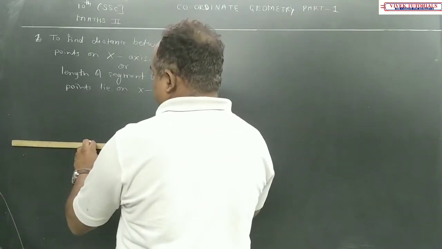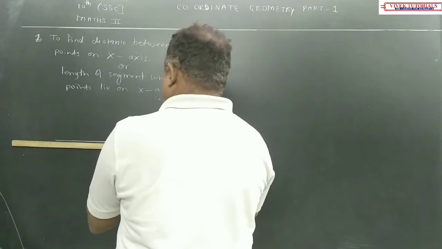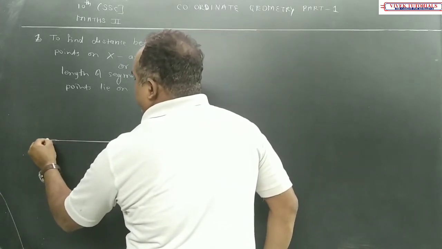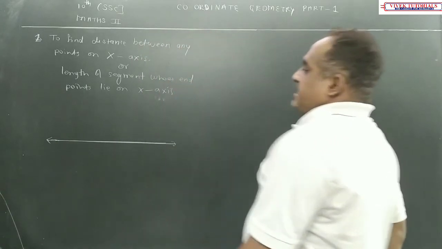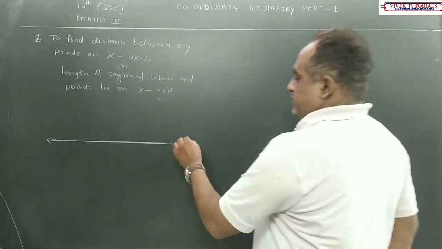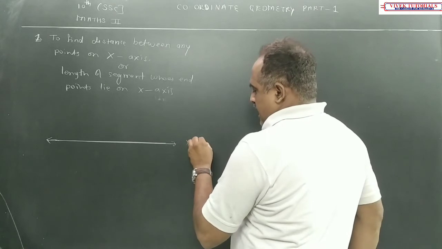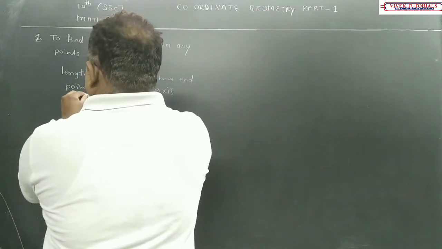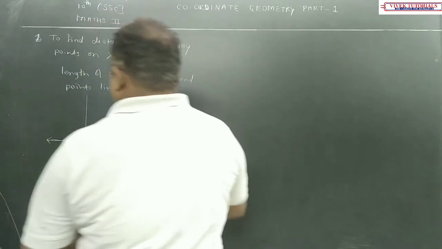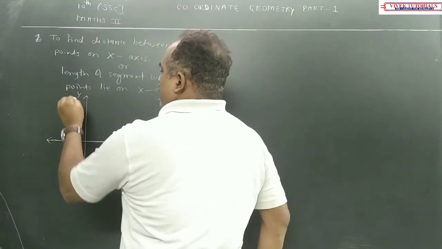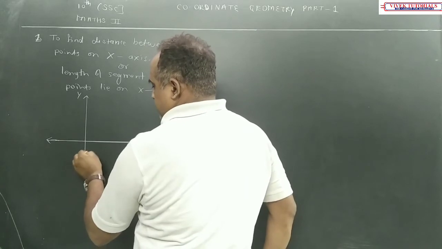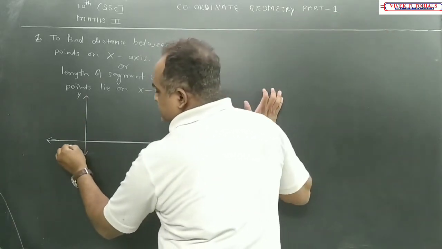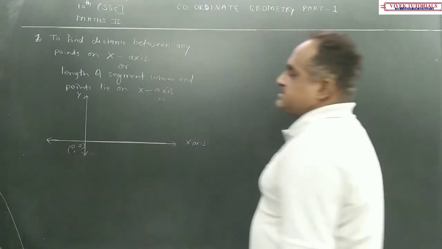X-axis, this is the x-axis. This I am now going to consider as coordinate geometry, means a graph, and this is the x-axis, and this is the y-axis. Is it right? And we know that this is the origin, which is 0, 0.